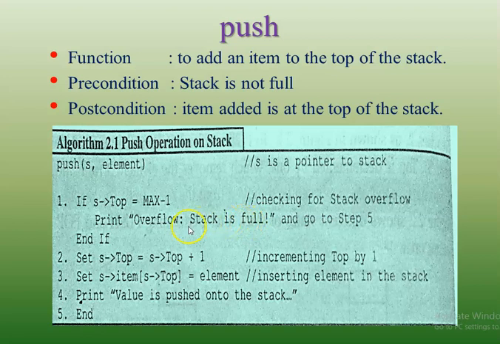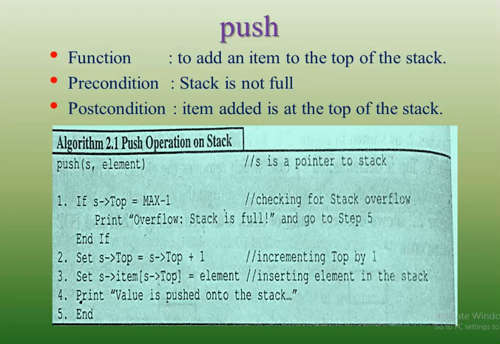We cannot do any operation on this stack now, and we will be going to step 5, which is the end of the algorithm. So for checking whether the stack is full, we are checking the top location to be equal to max minus 1. Or else we can use the algorithm for stack full also, because we have written the same statement there.